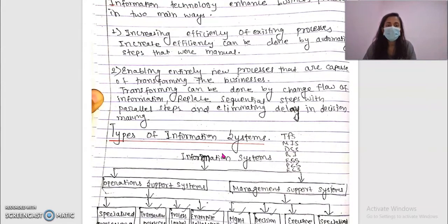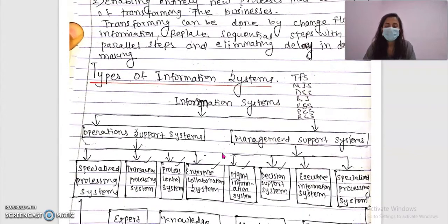Now, the types of information system. There are two main types of information system. There are operational support system, and the next one is management support system. Operational support system includes transaction processing system, process control system, and enterprise collaboration system.